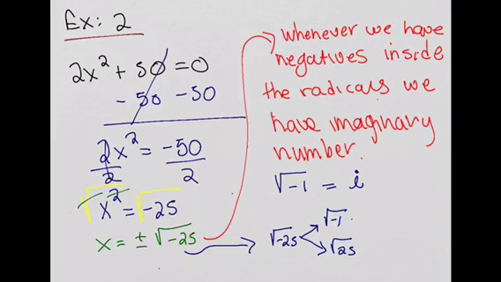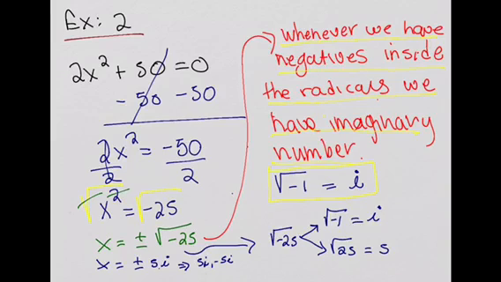I know that the square root of negative 1 is i, and I know the square root of 25 is 5. Therefore, my answers are plus or minus 5i. You can rewrite that as 5i, negative 5i as your answers. Very important to keep in mind the i. Whenever we have negatives inside the radicals, we have to think about the imaginary numbers.